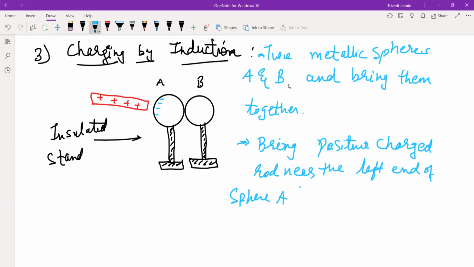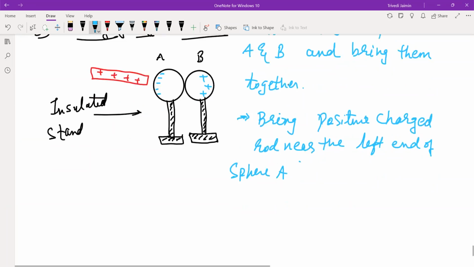And what will happen to the remaining positive charge? They will move away because it's repelling. Right? Repulsion and attraction, very simple. Clear?